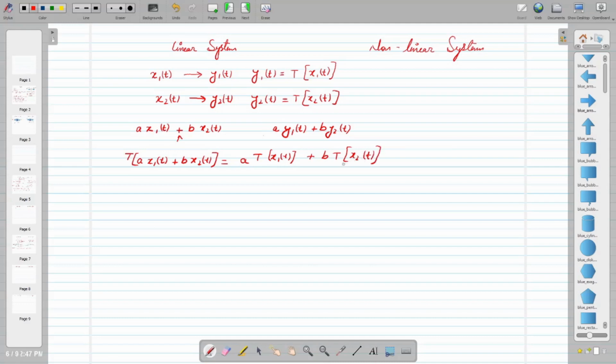So that is the relation for linearity, that if this is the input, then we should have this much output. We are just putting in the values of these two terms here.